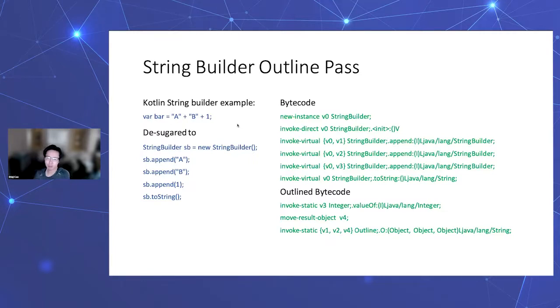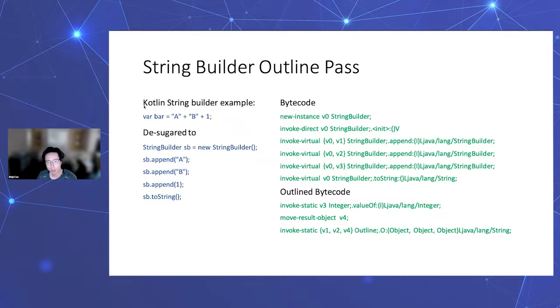The StringBuilderOutliner pass is to recognize some string builder patterns, and then use an automatic refactoring mechanism to reduce the size of string concatenation.